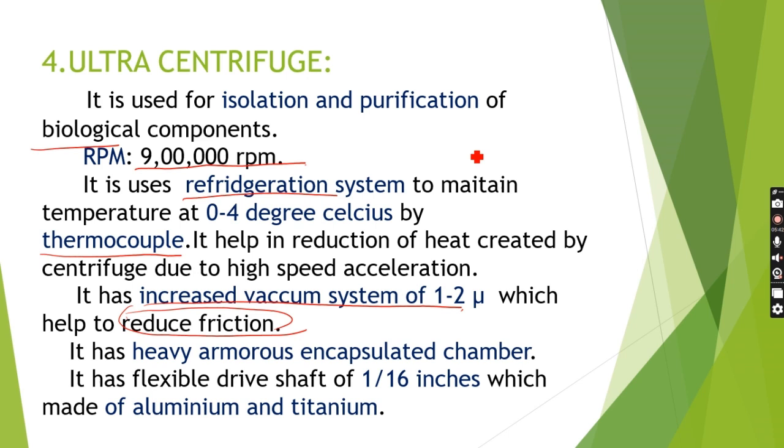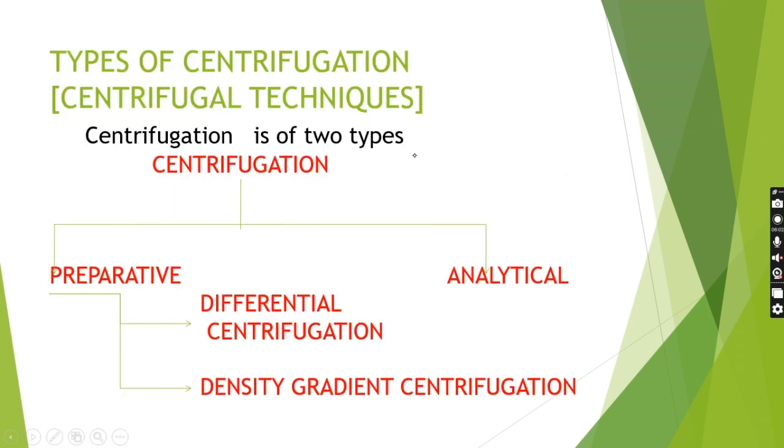As we already saw, friction is increased due to increased viscosity of the medium. When there is increased viscosity of the medium, sedimentation decreases. So sedimentation occurs at a decreased level due to the friction.